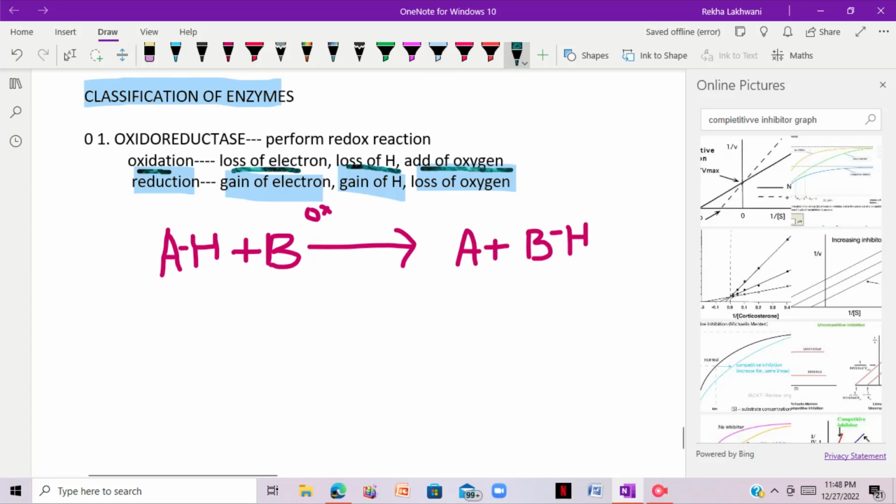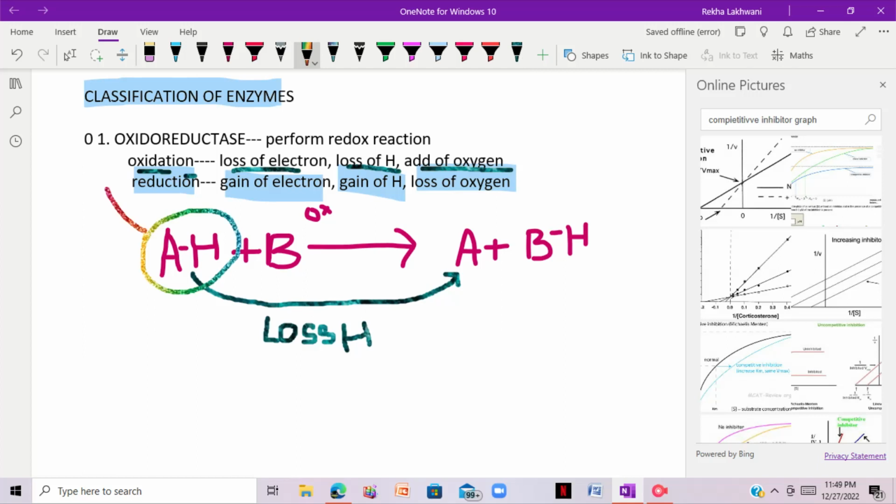And loss of hydrogen comes in the category of oxidation. It means this AH molecule has been oxidized. When we look at this B, it was not having any kind of hydrogen, but after reaction, as you can see over here, it is having hydrogen. Means there is the gain of hydrogen.